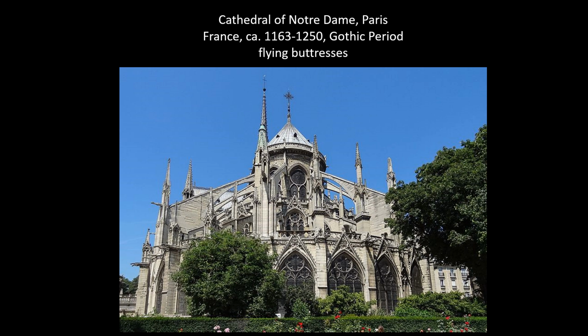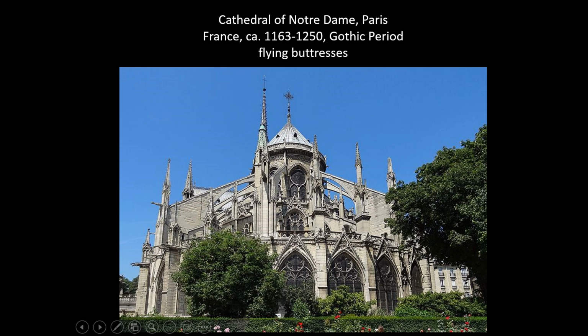So when you think about weight, it's distributed downwards because of gravity. If you start at the top and move your way down, then shift your eye to the left, you can see how the weight would go down, and then it would be carried to the left on top of this flying buttress, and then it would be carried over to this end part here, which is a pier, and then it would be distributed downwards.